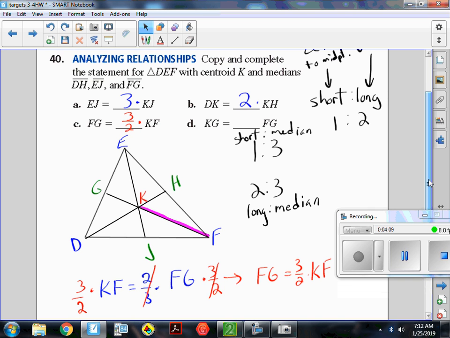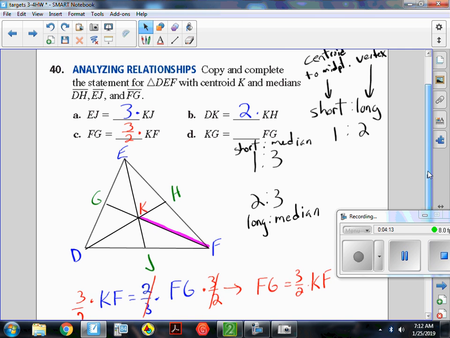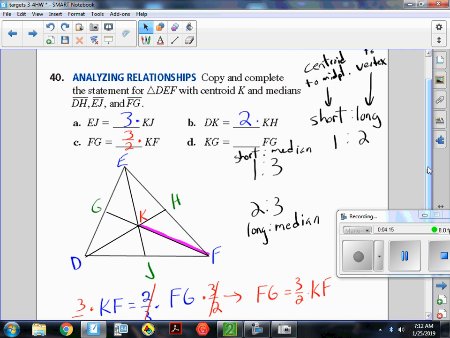And then part D says KG compared to FG. So KG is the small part of the segments. Okay, KG is the small part from the centroid to the midpoint. And that's going to be half as big as KF. KG is going to be 1/3 of the size of FG.